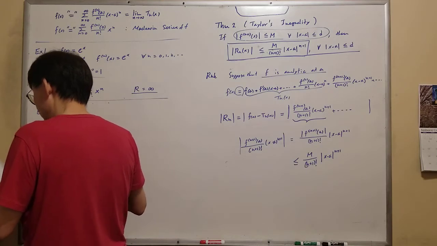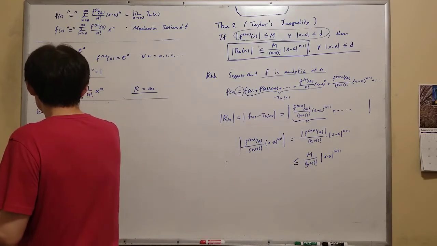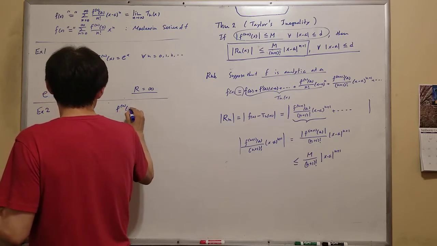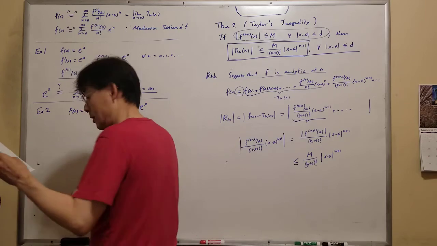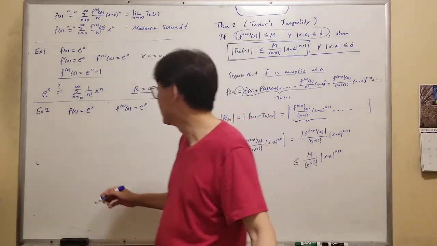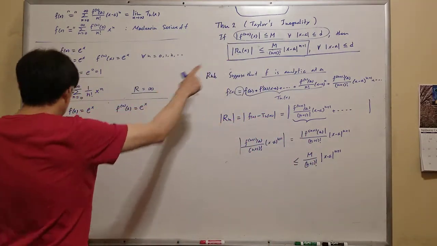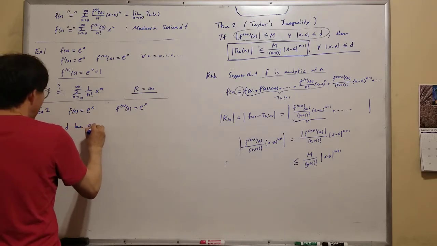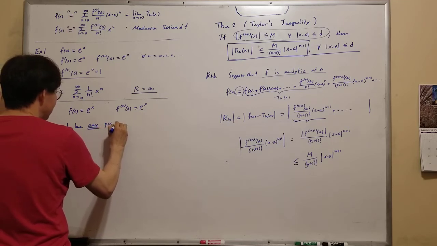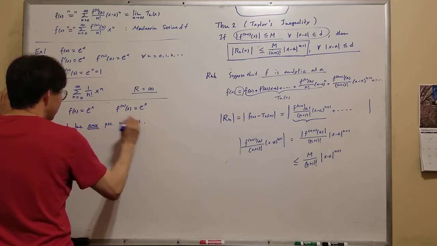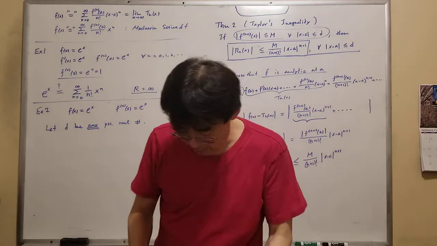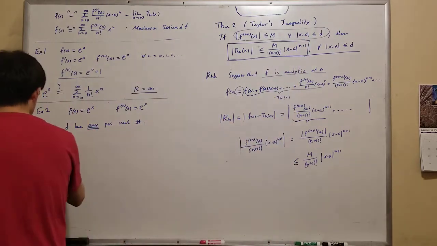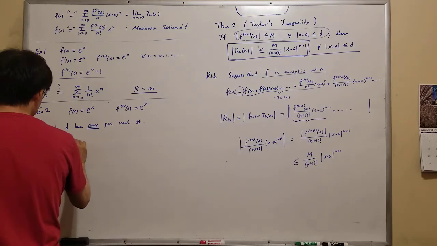So again, if this is e to the x, then the nth order derivative is also e to the x. So let d be any positive real number. Then, what does it mean that the absolute value of x minus a is less than or equal to d?